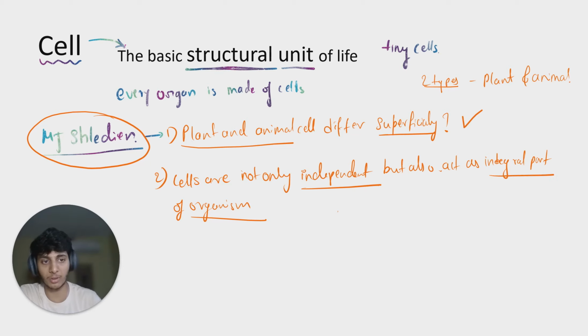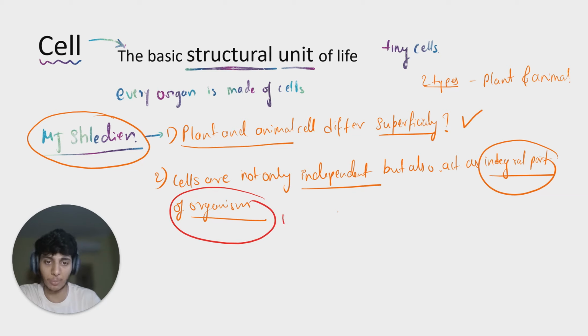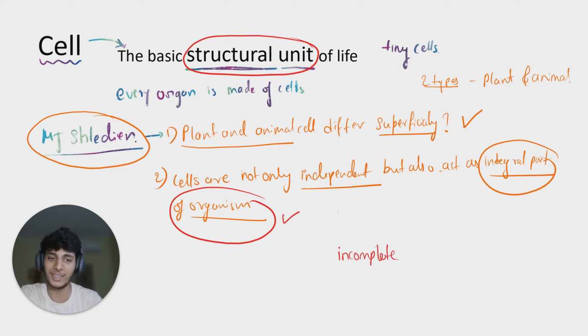But cells also act as an integral part of an organism, because any organism is fundamentally made up of cells. That's why it is called the structural unit of life. Any organism is incomplete, or does not even exist, without a cell.